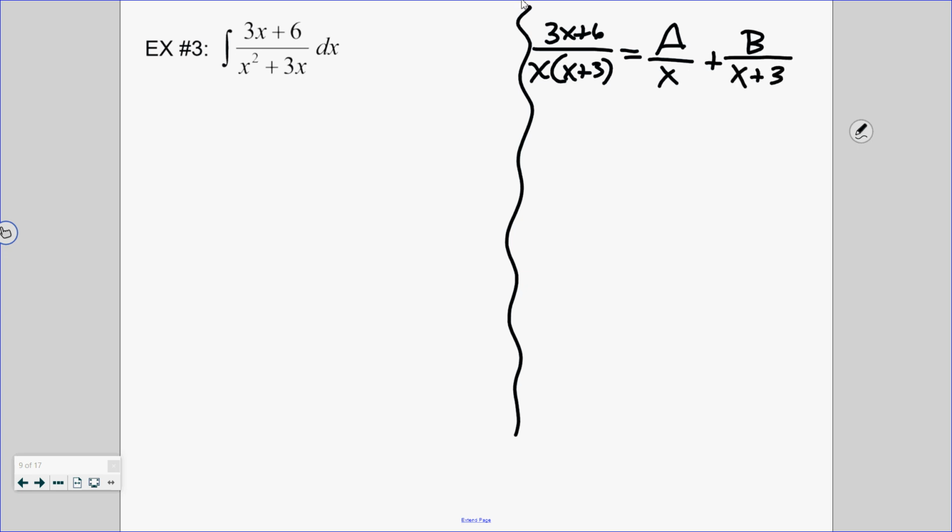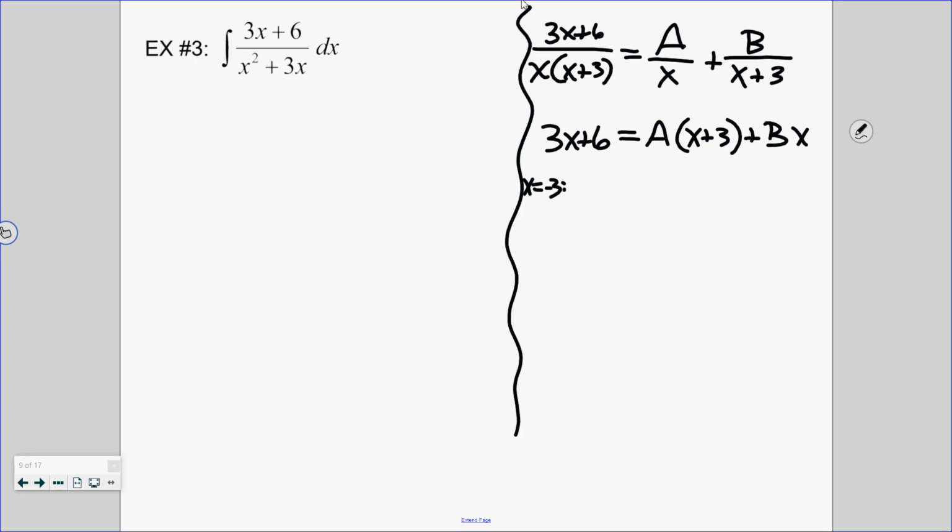Then we've got to multiply by that common denominator. So basically we get 3x plus 6 equals a times x plus 3 plus b times x. Now you're going to do whatever you need to make zeros for those factors on the right. The first time I'm going to do x equal negative 3.